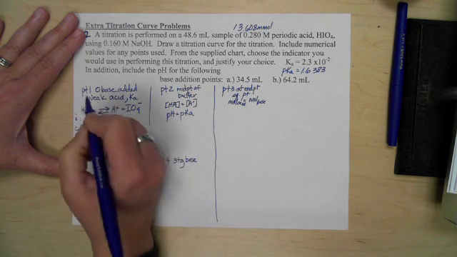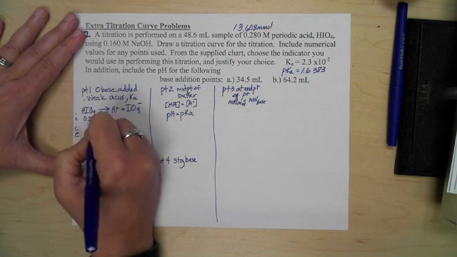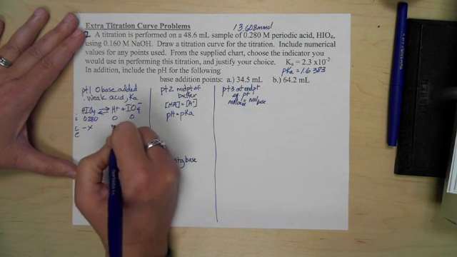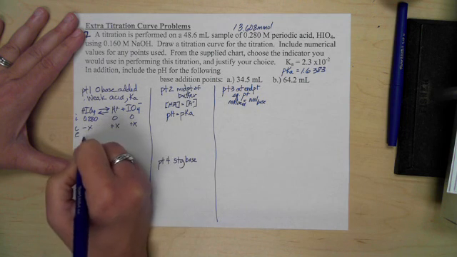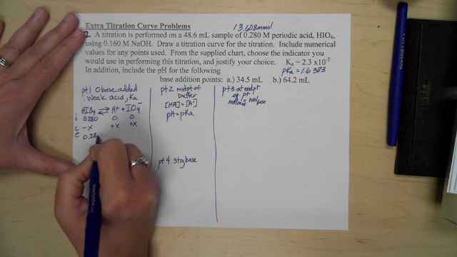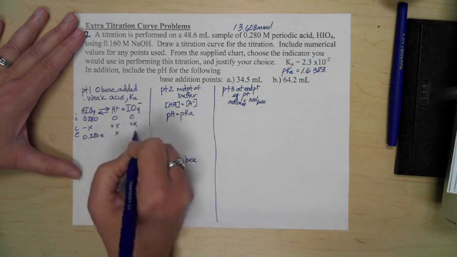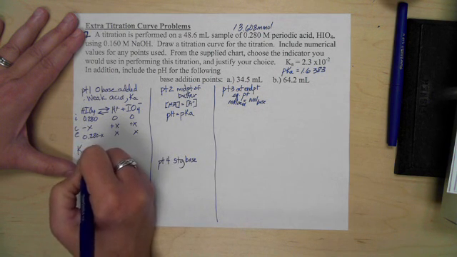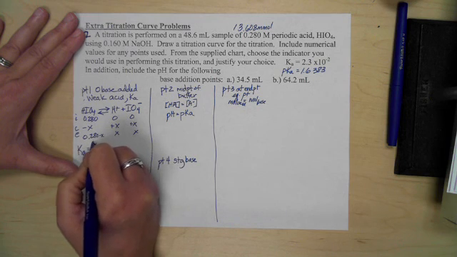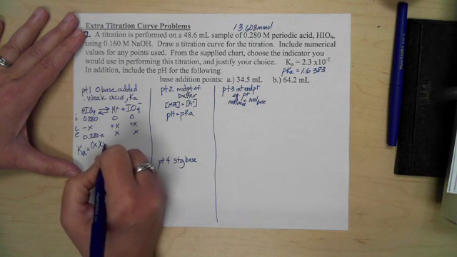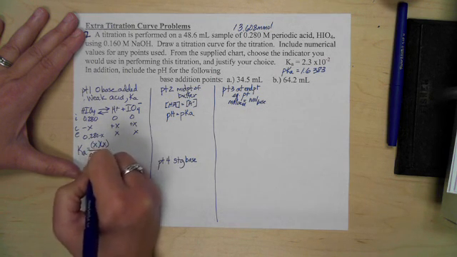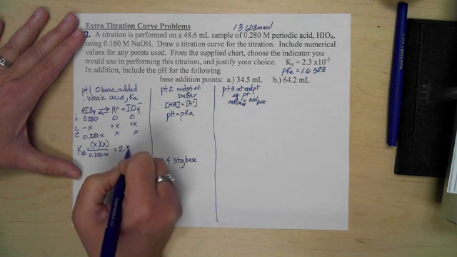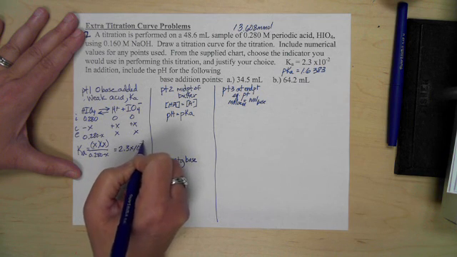Alright, so initially we have a 0.280 molar solution, 0, 0, minus X plus X plus X, because we're adding over here, 0.280 minus X, X, and X. So this is a Ka, which means it's going to be X times X, or X squared, over 0.280 minus X is equal to 2.3 times 10 to the minus 2.